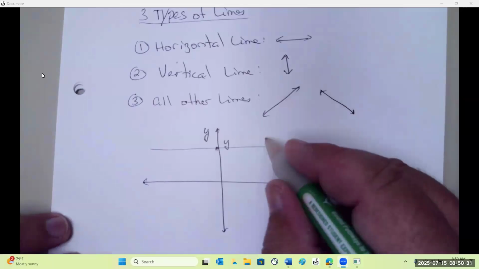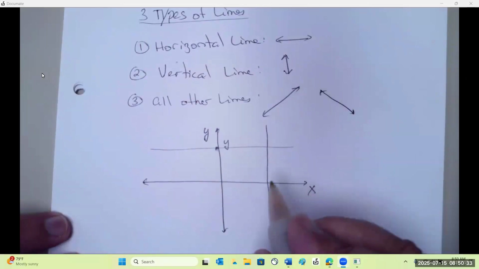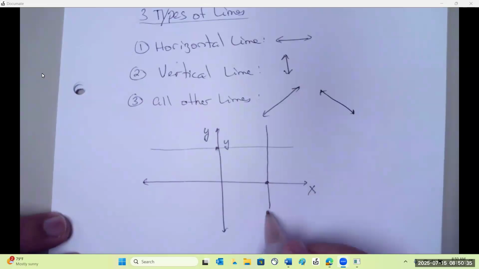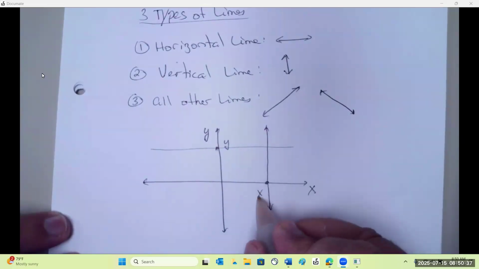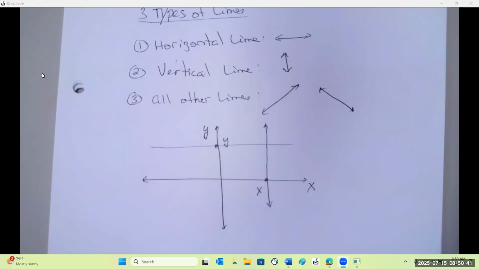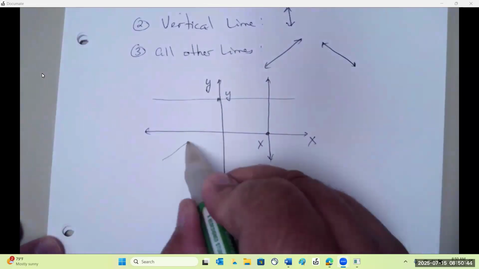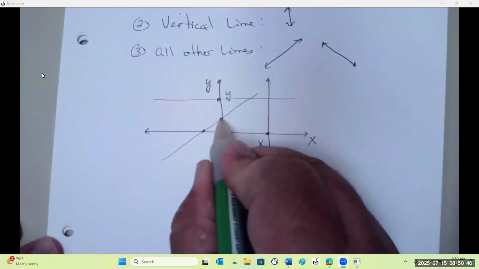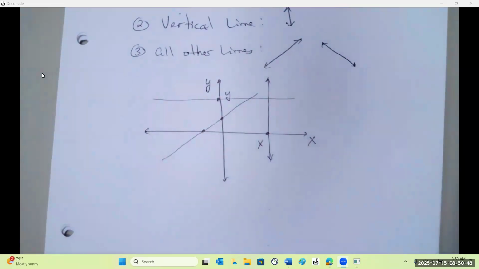If it's vertical, it only crosses the x-axis at some point x. If it's anything else, it will cross both the x and the y-axis. Make sense?